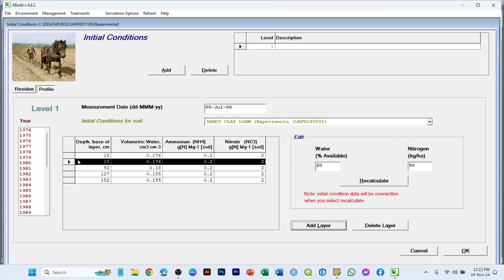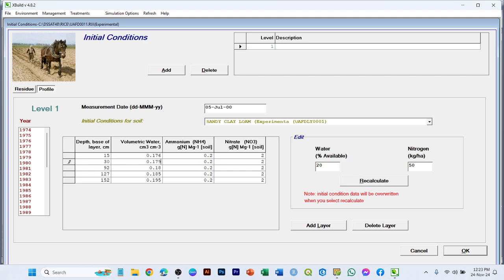Say for example, this is 30. Once again, if you have the data, then you have to add or delete the layer. You can change it up to maybe 119, and so on.